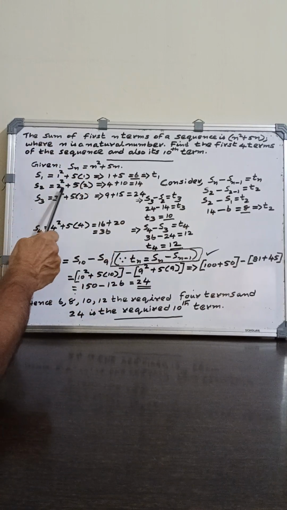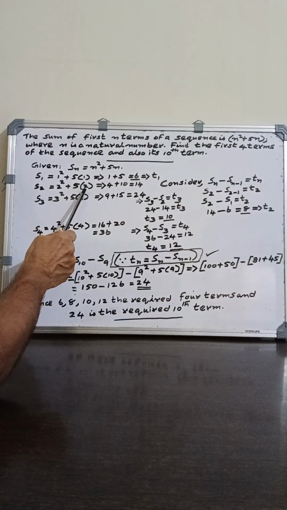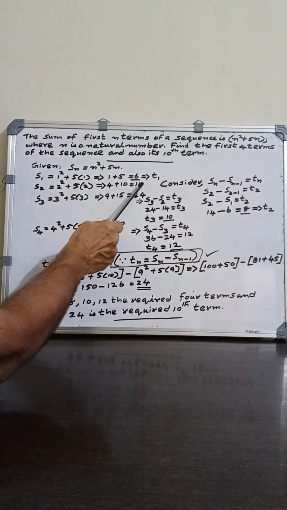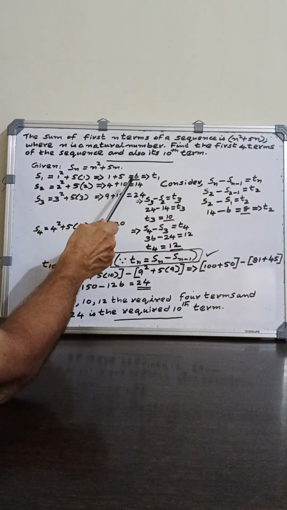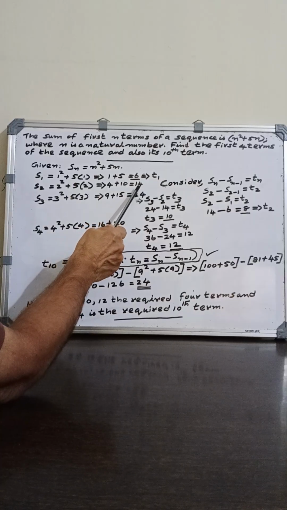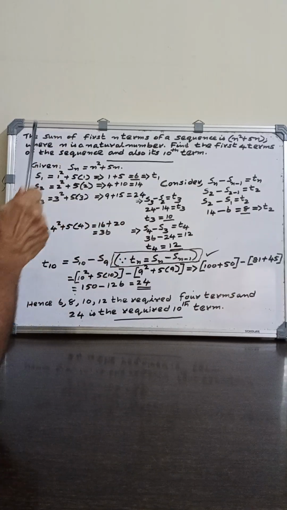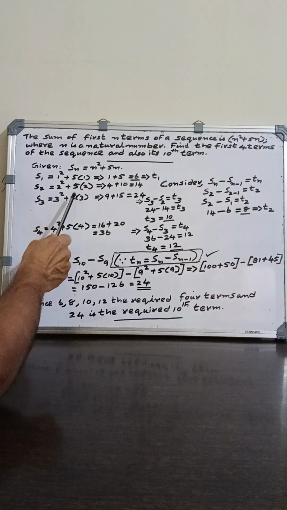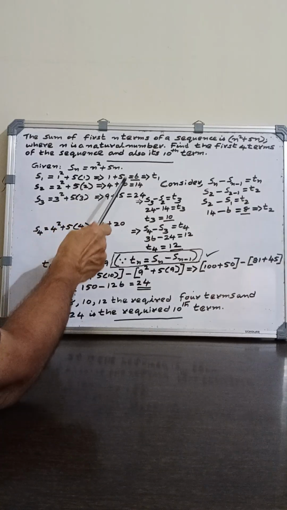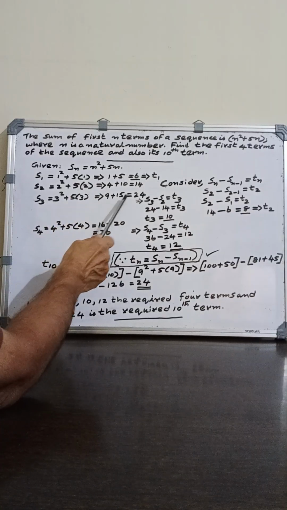S2, 2 squared plus 5 into 2. That is 4 plus 10, 14. That is T1 plus T2 is 14. S3, 3 squared plus 5 into 3. That is 9 plus 15, 24.